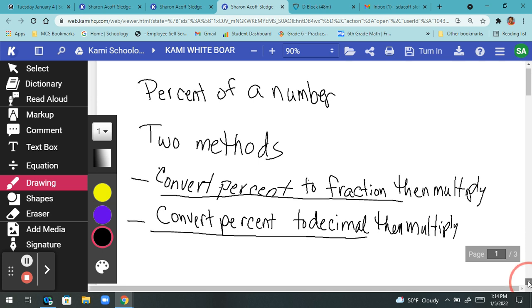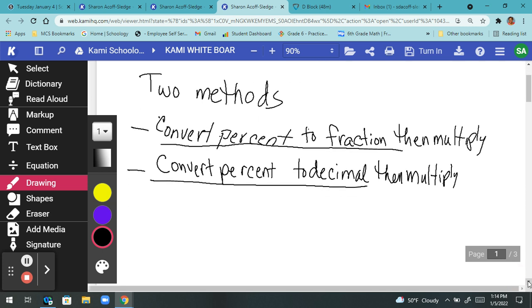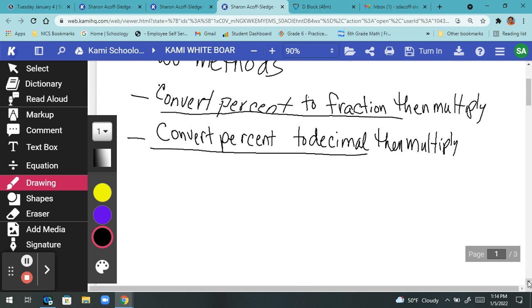Where do you use this in real life? Every time you go to the grocery store or the store, you need to know how to calculate the percent of a number. Why do I say that? Yes. Because you have to see how much something costs altogether. Because what do they add to it?